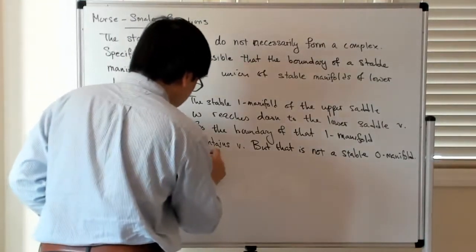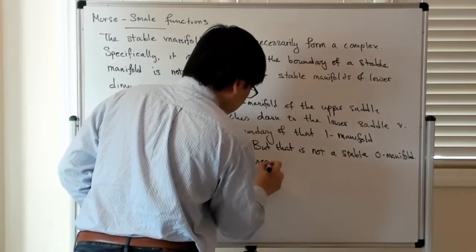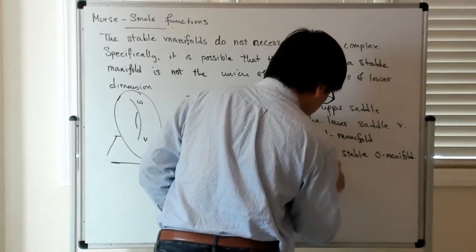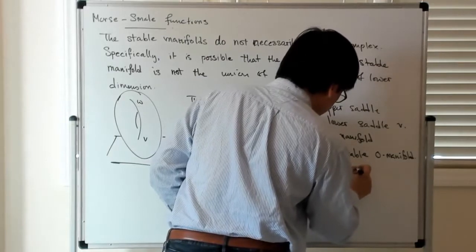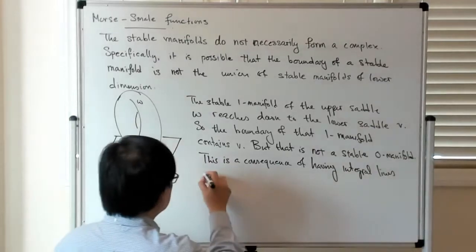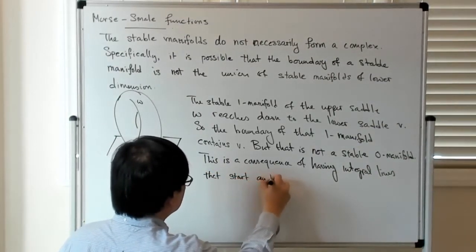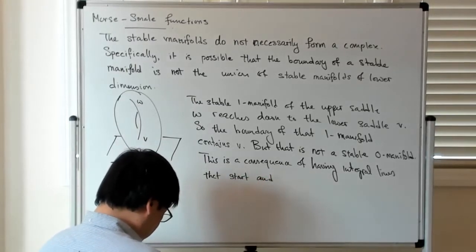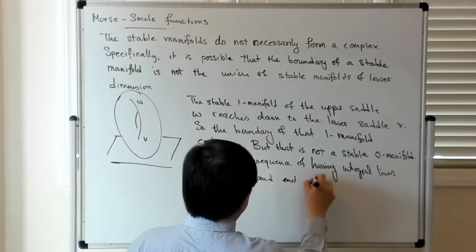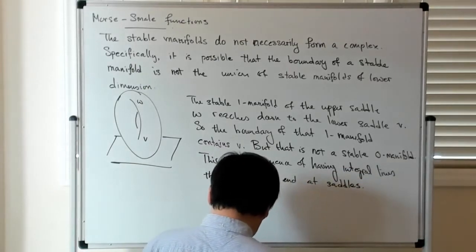So this is a consequence of having integral curves or integral lines that start and end at saddles.